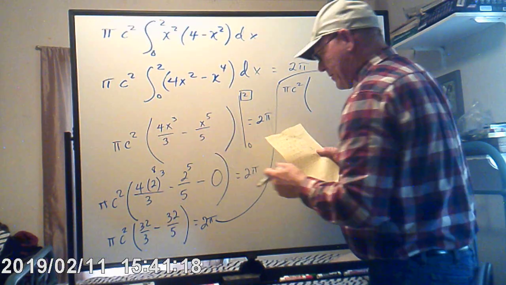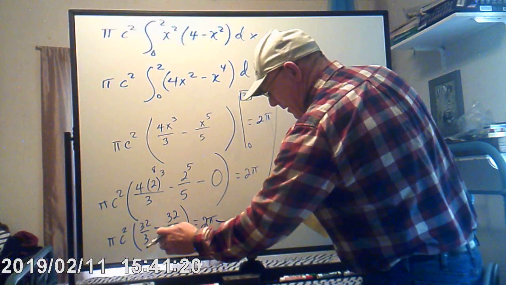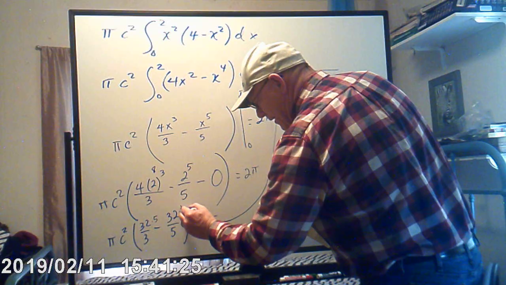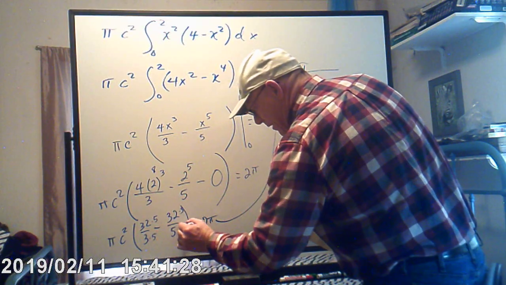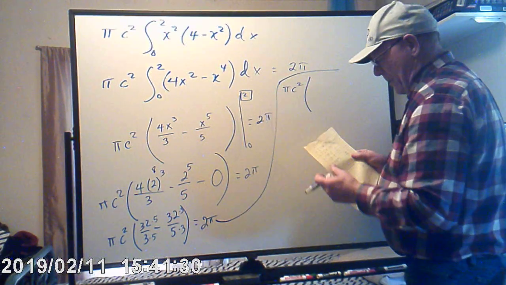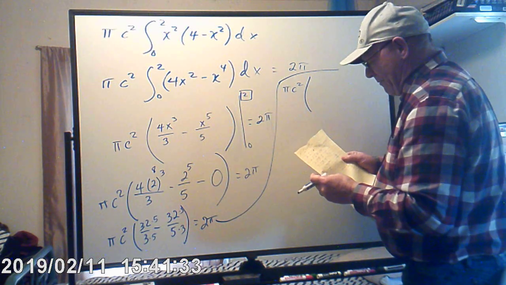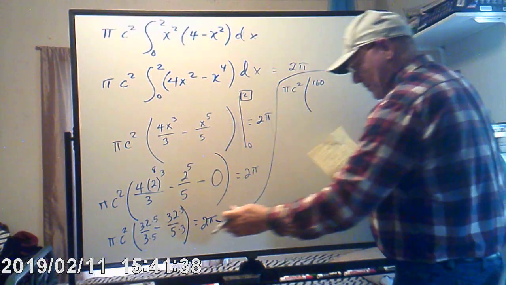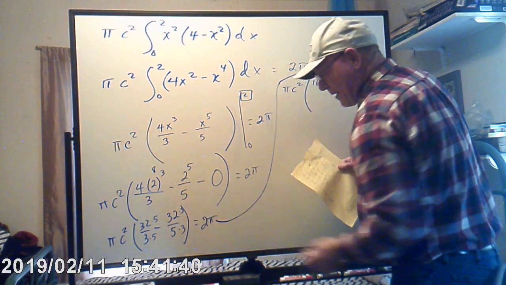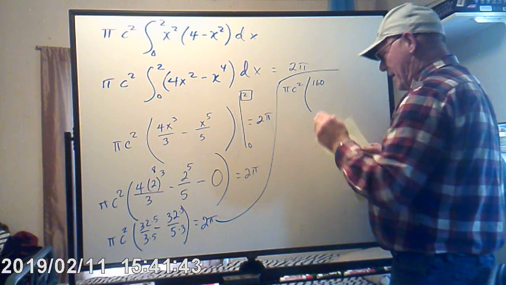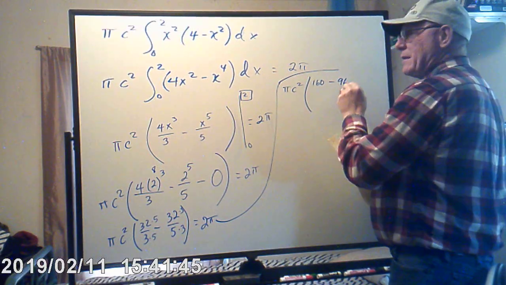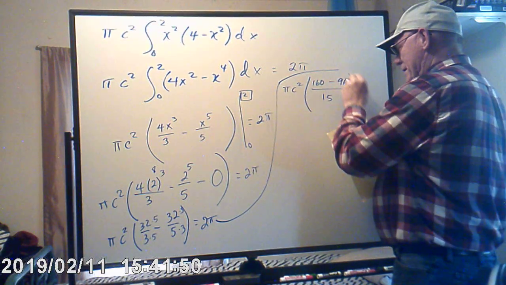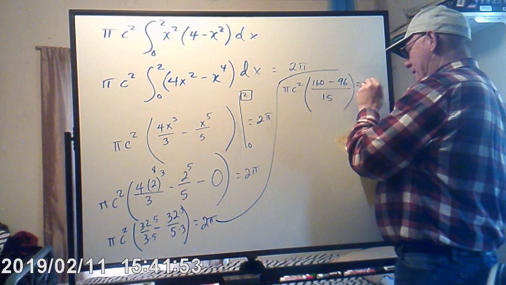You can multiply this by 5 and this by 3, and this by 5 and this by 3. So 32 times 5 is 160, and 32 times 3 is 96, so minus 96, divided by 15. Now remember, this is equal to 2 pi.